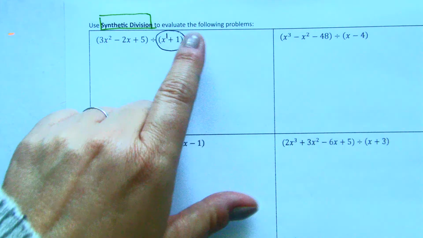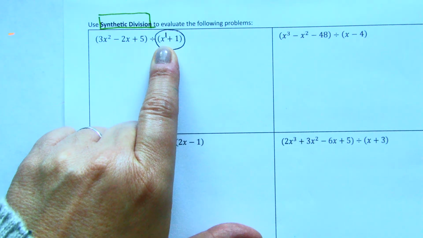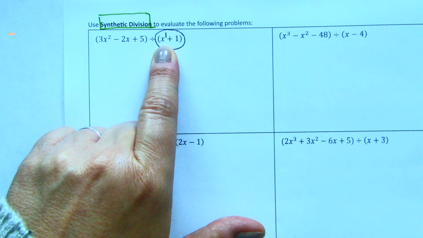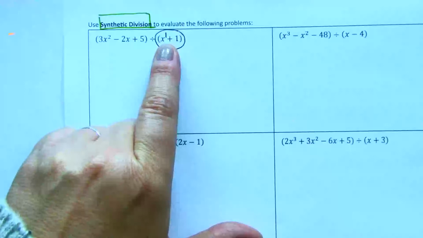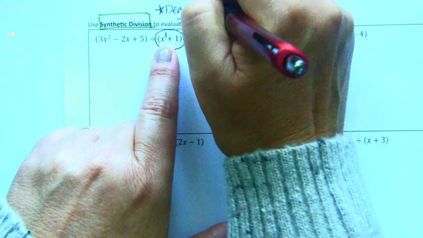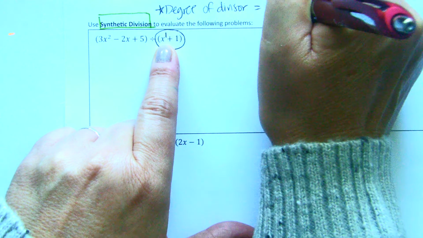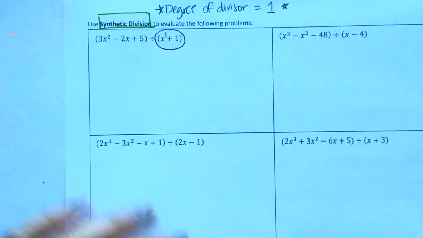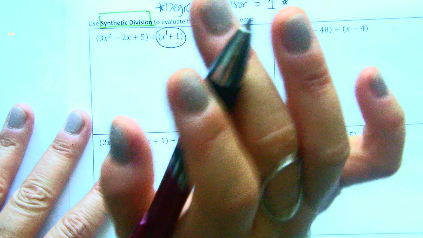If you're trying to divide by something like x squared or whatever, it doesn't work using synthetic division. You have to do long division. So this only works when the degree of the divisor is equal to 1, right? If not, you have to do long division. You don't have a choice. Okay, so the way this works, let me set this up for you.